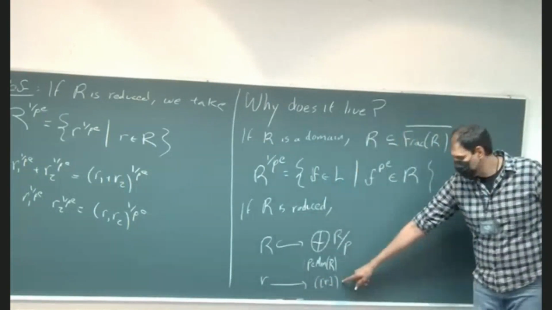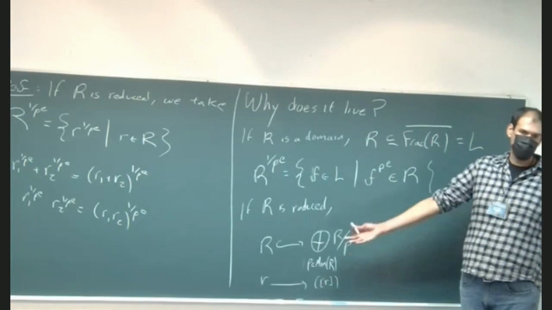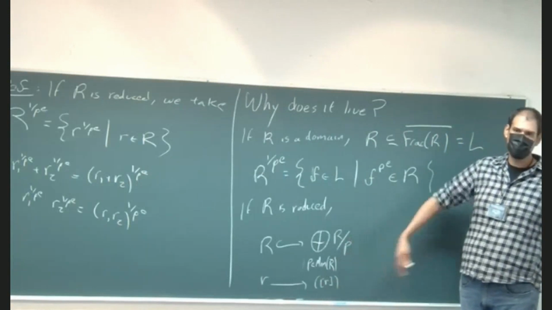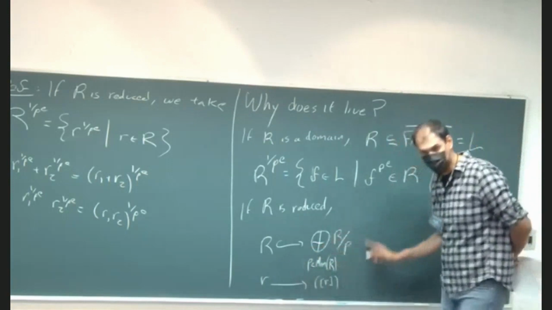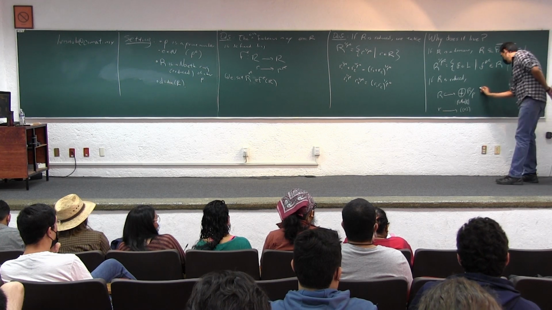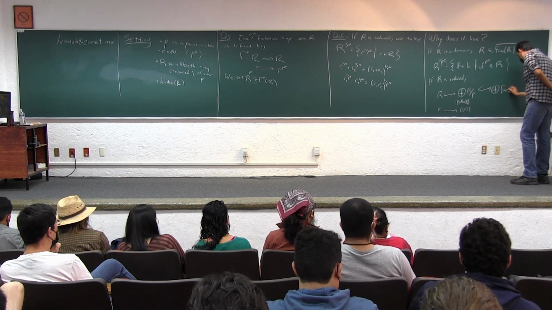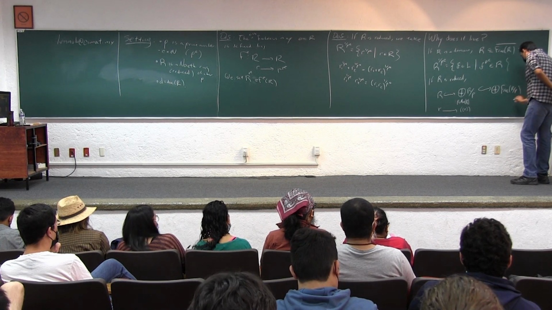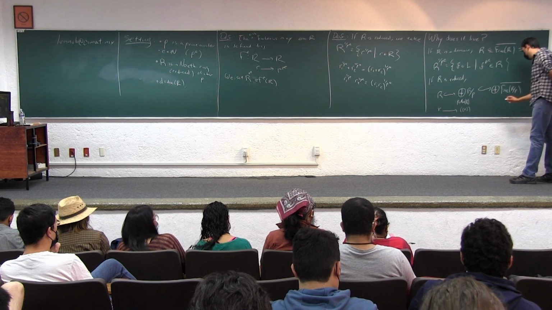Well, the intersection is what r is in every single minimal prime, but that's just something that's nilpotent, and because we are reduced, that's 0. So this map is injective. But now these are domains, and then we can apply the same trick as here. This is contained in the fraction field of these domains, and then we take the algebraic closure.